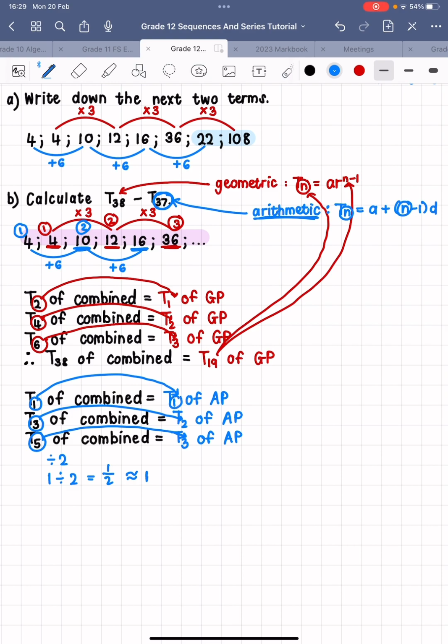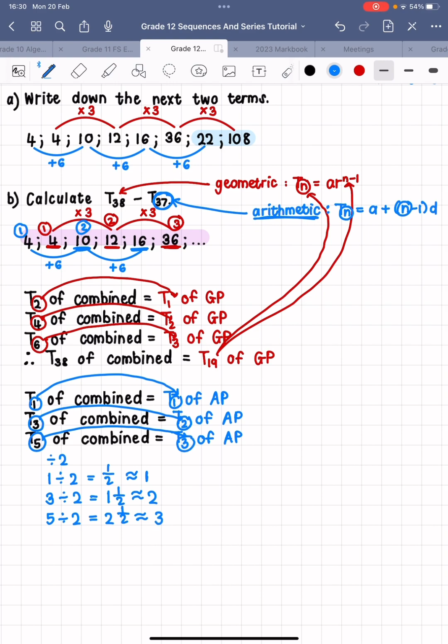Let's see if it works with the next one. You're going to take 3 divided by 2. What's that? 1.5. When you round that up, that will give you 2, which is that number there. When we take 5 and we divide by 2, that's going to give us 2.5. If we round that up, that will give us 3.